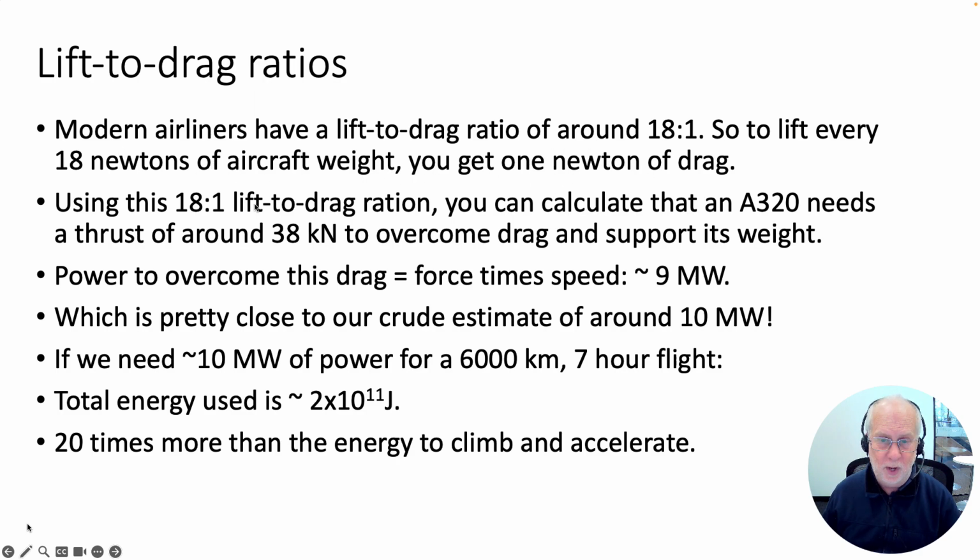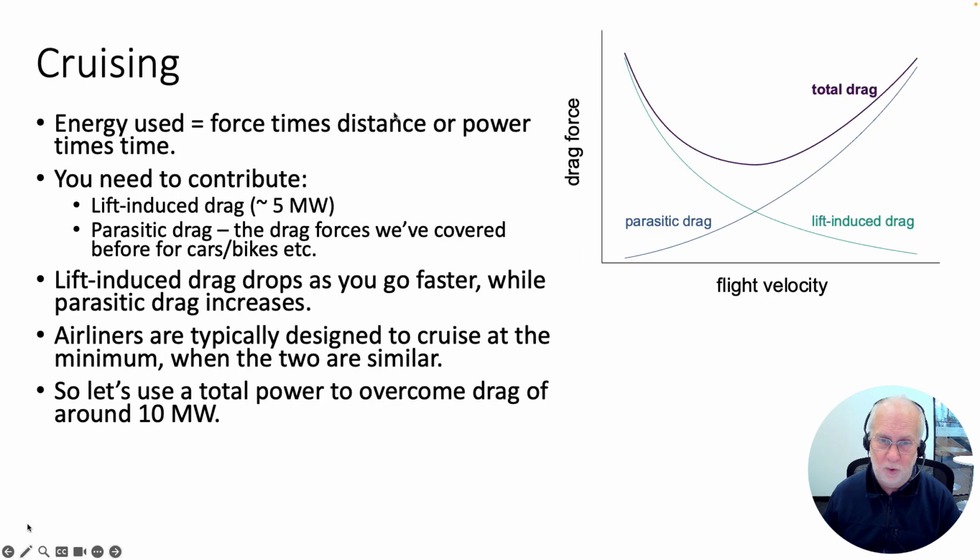And using this, you get about a thrust of 38 kilonewtons needed to support an A320. So force times speed is about 9 megawatts from this, which is actually very close to what we estimated, about 10 megawatts. Okay, so that's good. It means the standard lift to drag ratio more or less agrees with our calculation of 5 megawatts for lift-induced drag and about the same for parasitic drag.